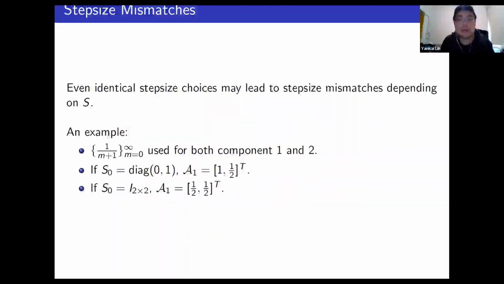Let's say we have two components, 1 and 2. And so that means that A0, which is the vector of stepsizes, they're all 1s. So that's (1, 1). And if S0, that's the block diagonal matrix at time 0, is diagonal (0, 1), which means that component 1 is not updating and remains unchanged, while component 2 updates, then the stepsize at the next step will be (1, 1/2) transpose.